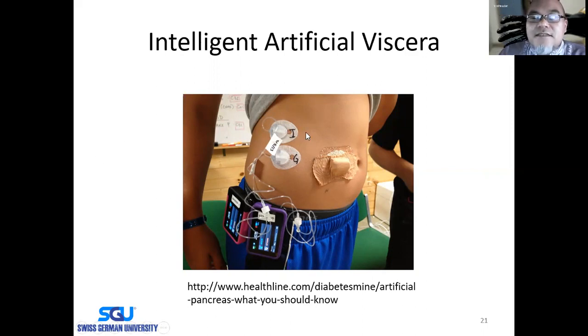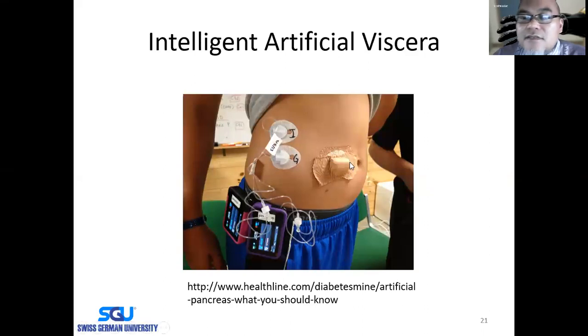In this case, this is an automatized system. There's a sensor here. If I'm not mistaken, this will be the sensor.